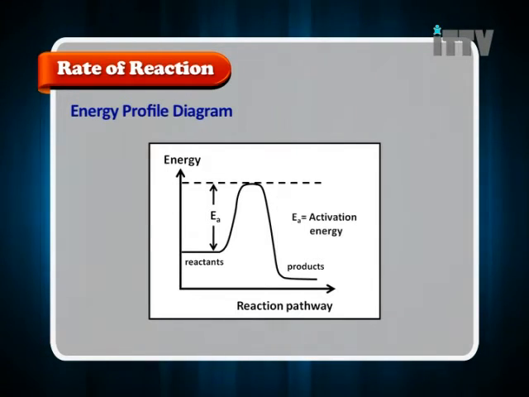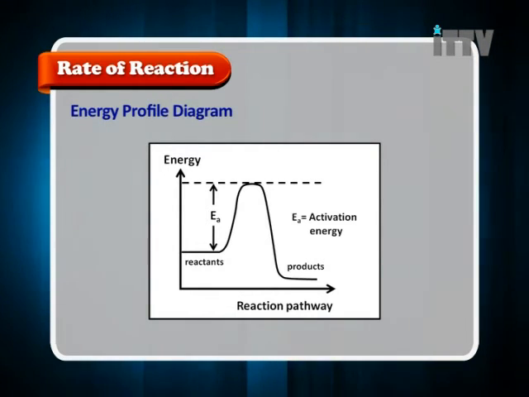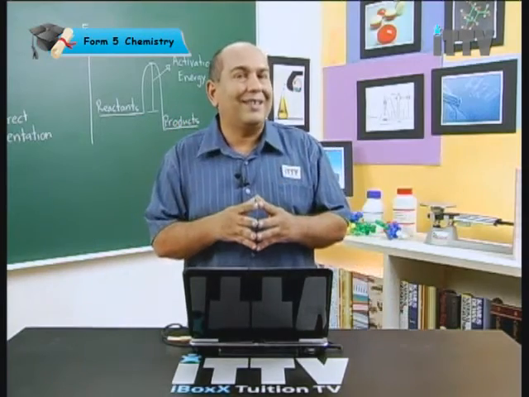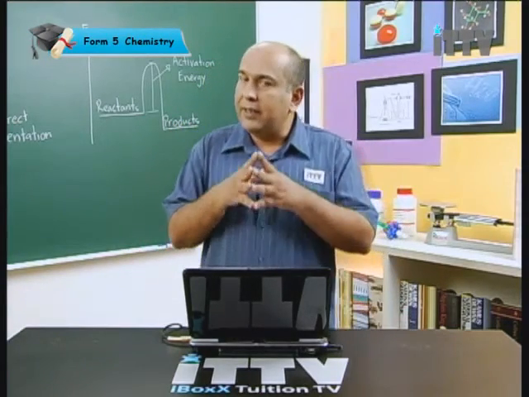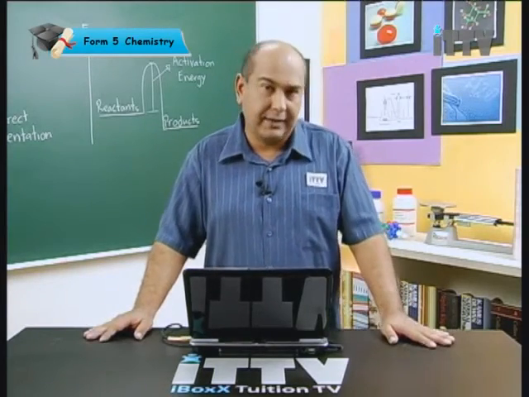The effect of catalyst. A catalyst will lower the activation energy needed by providing an alternative reaction pathway. So, what does a catalyst do? Well, the catalyst lowers your activation energy if it is a positive catalyst.